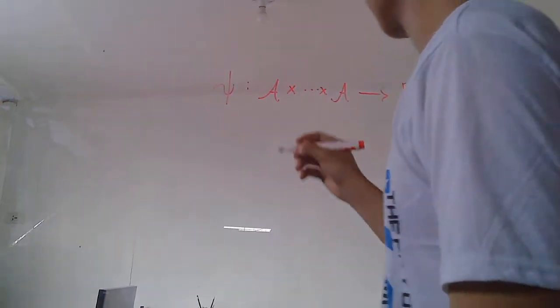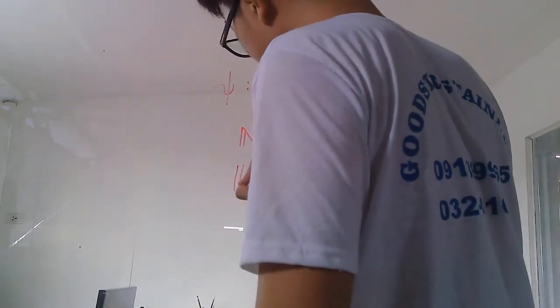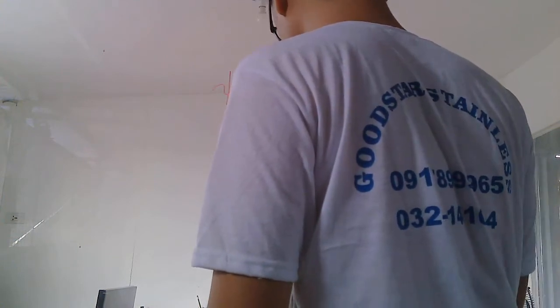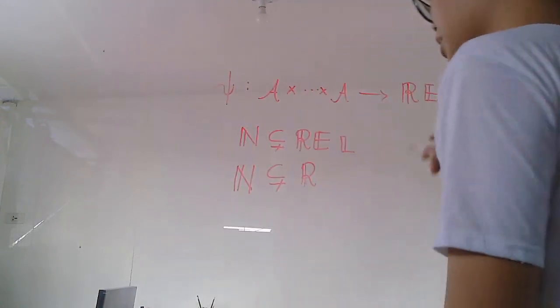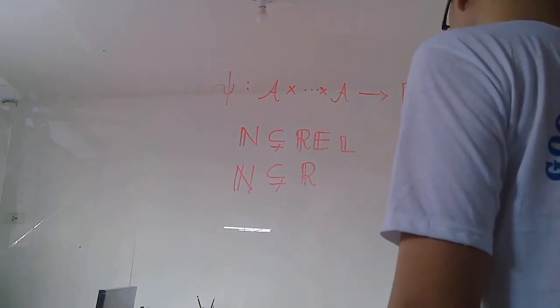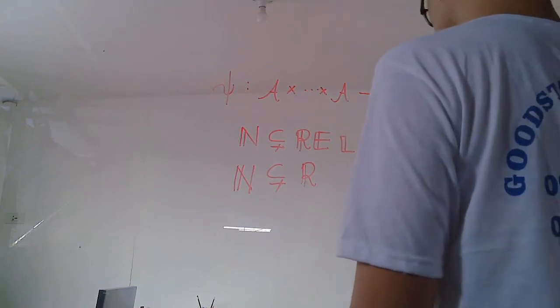And since REL, since N, natural numbers, is a subset of REL, and N is some subset of R, then we can say that the intersection between REL and R is non-empty.